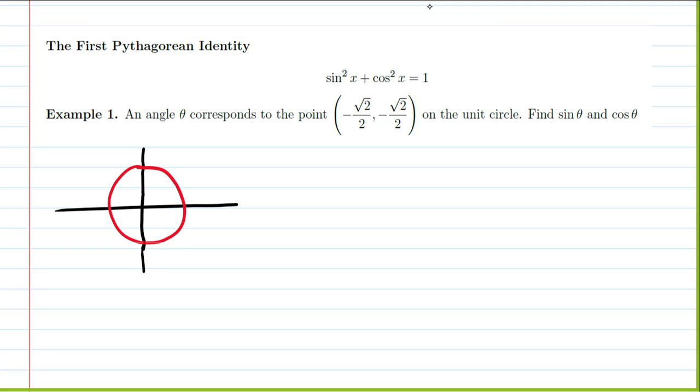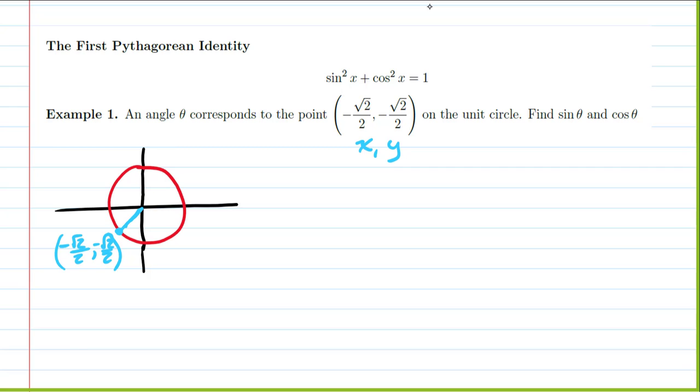And we're talking about the point -√2 over 2 and -√2 over 2, so these are x and y coordinates. So both x and y are negative, so x and y are negative down here in quadrant number 3. So I'd have -√2 over 2 and -√2 over 2. And that gives us this.